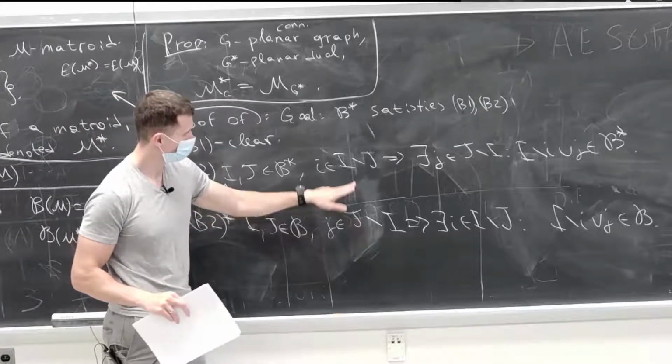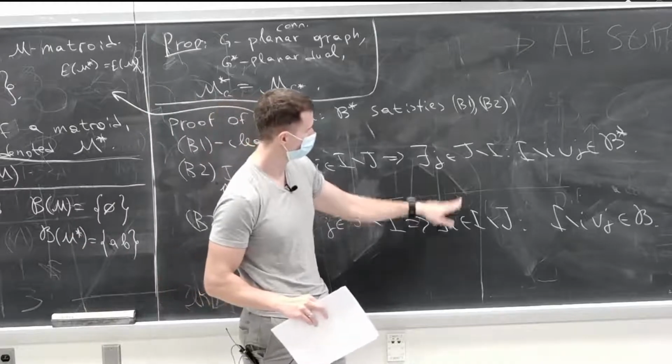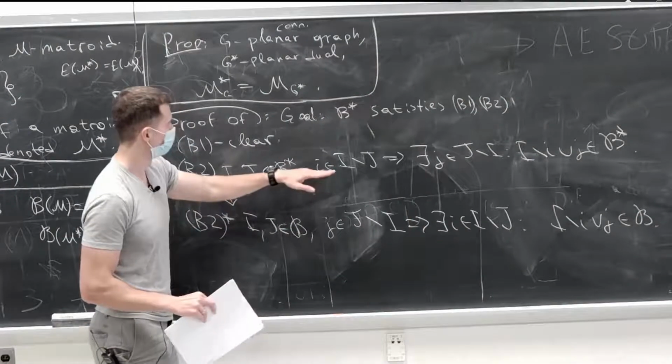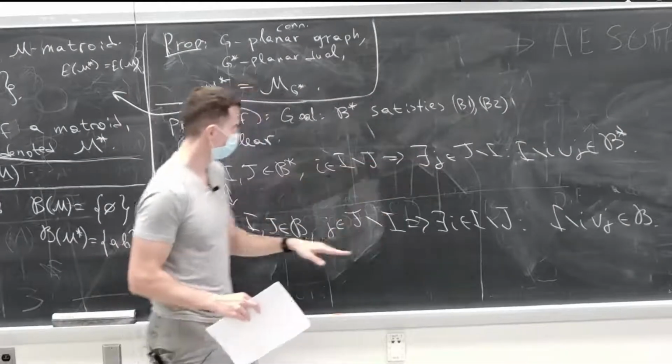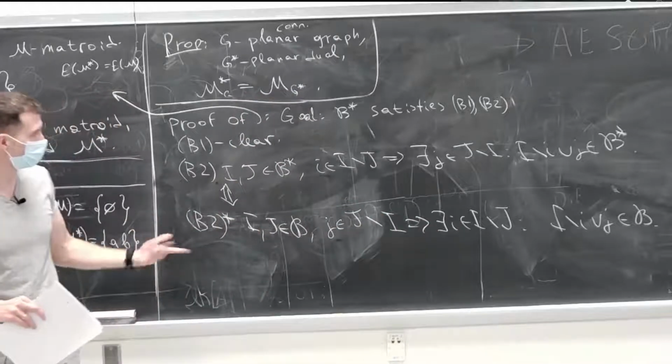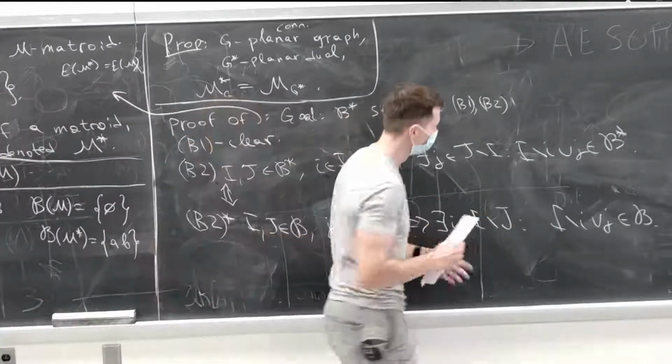Here I and J are swapped, and here I and J are swapped, but this is the same. Previously I had for each i there exists a j. Here I have for each j there exists an i.